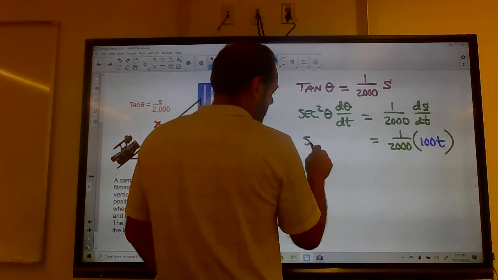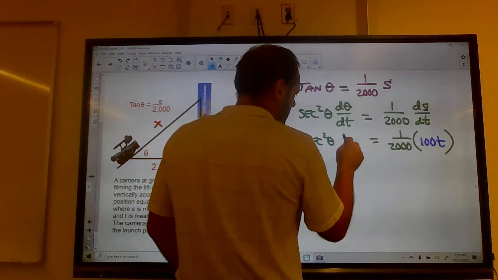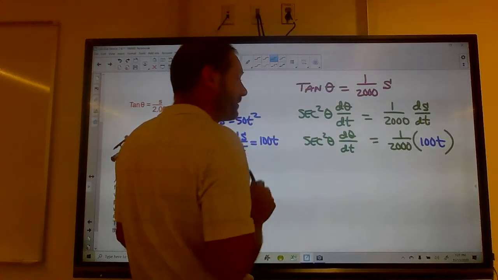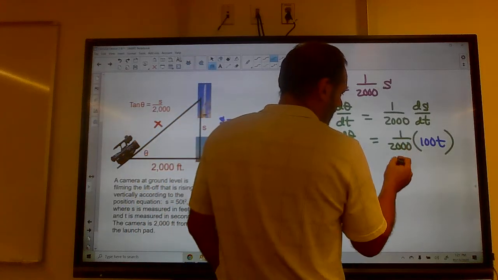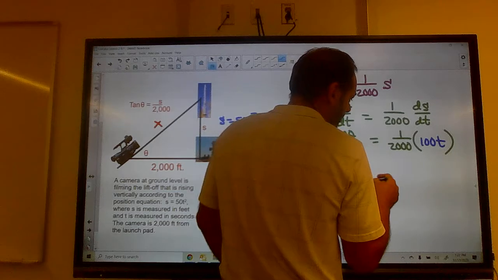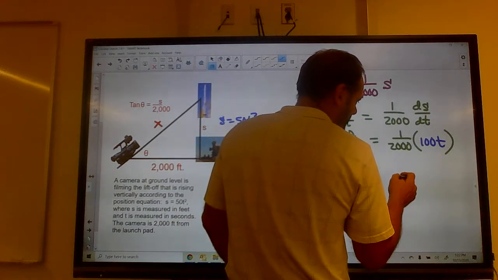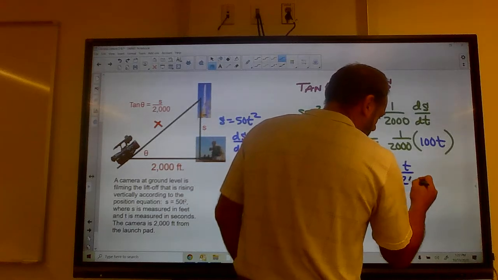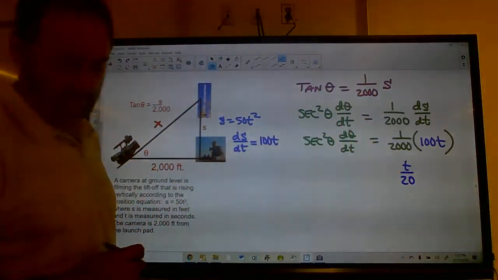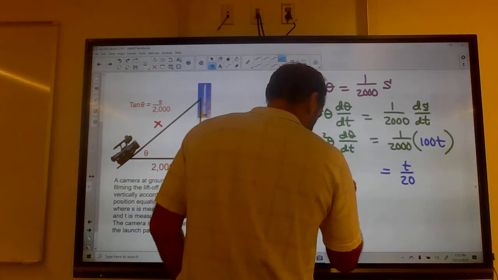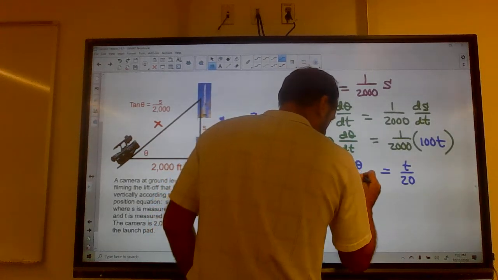We'll just substitute that in here. Secant squared theta d theta dt. Okay, so this is 100t over 2,000. So that's going to be t over 20, which is going to equal secant squared theta d theta dt.